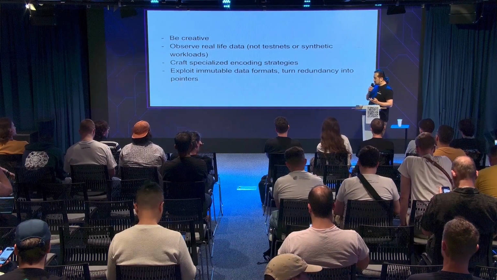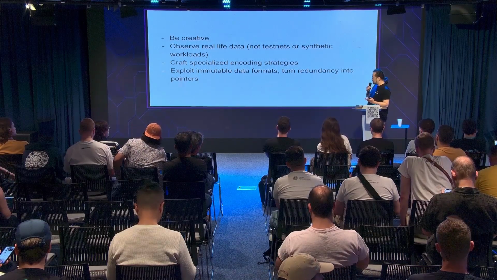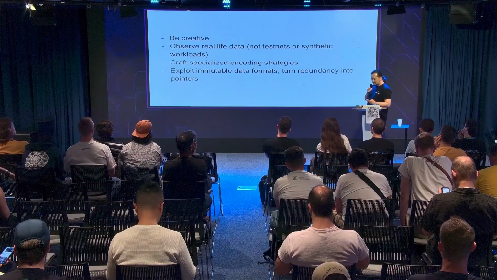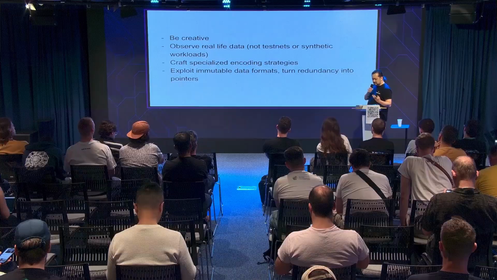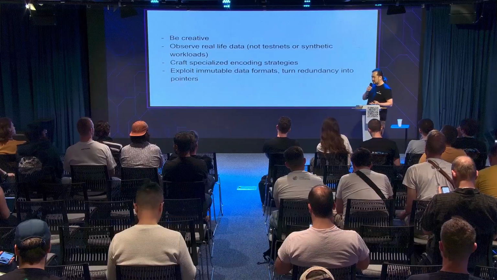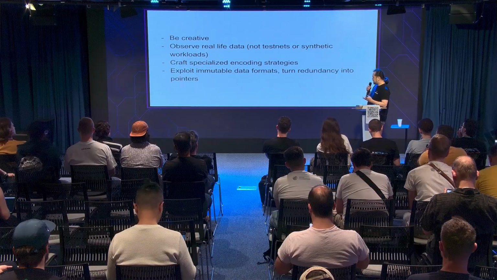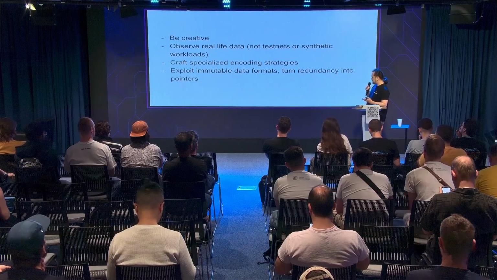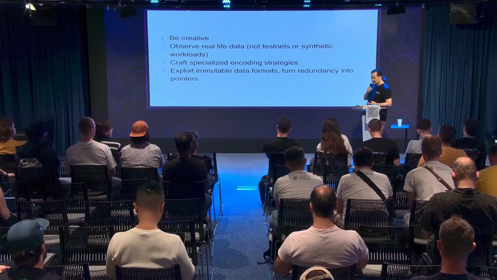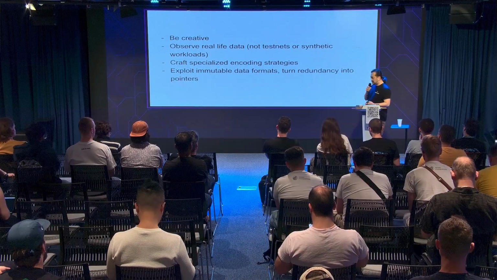It should be possible to craft specialized encoding strategies and keep data small. Another thing we should explore more is exploiting immutable data formats, because once you know that data is immutable, it can unlock interesting strategies, like the data deduplication that I mentioned.